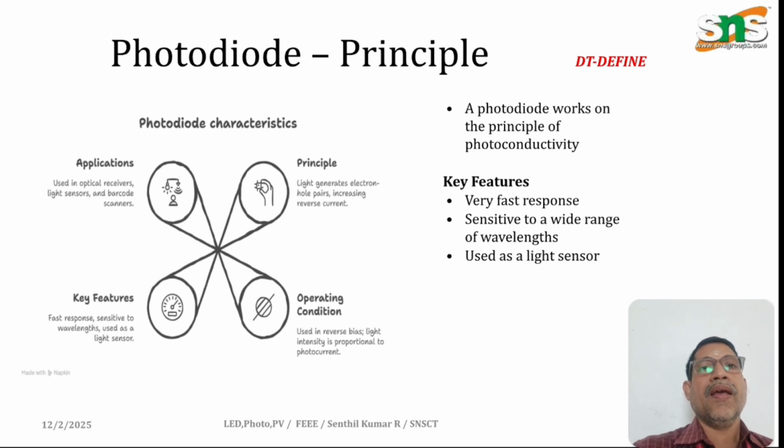It has a very fast response, and depending on the wavelength of the light, the resistance value changes. Hence, a controlling action will take place. A very good example is our remote and the photodiode in the television.